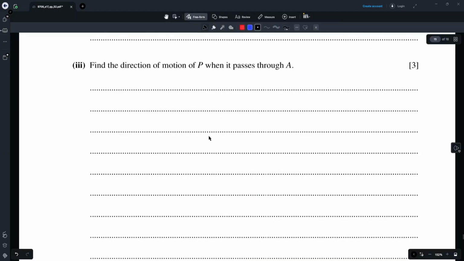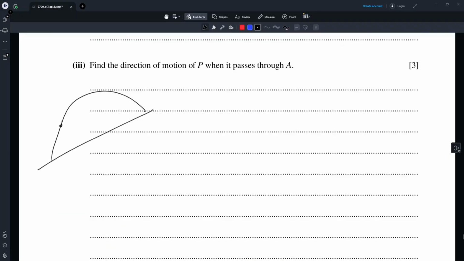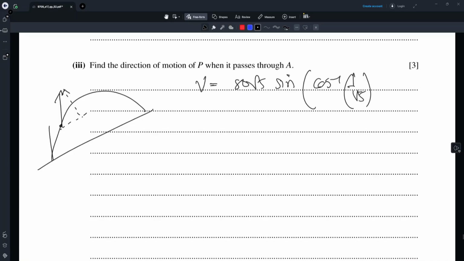In this one, I have to find the direction of motion of P when it passes through A, which means when it gets to A. It has a certain velocity in both vertical and horizontal directions. I just need to find the angle. So I need to find the vertical velocity now, and it's going to happen when t is 4. So vertical velocity equals u, or 20 root 5, sine of cos inverse 1 by root 5, the initial angle, minus 10t, or actually 40.